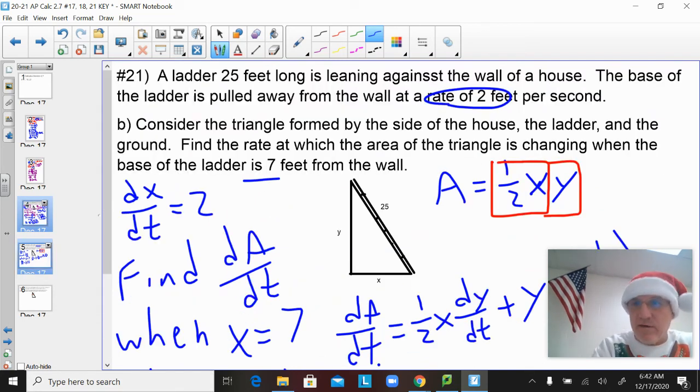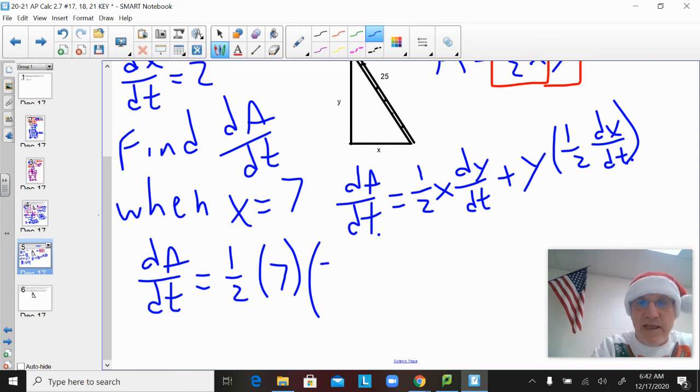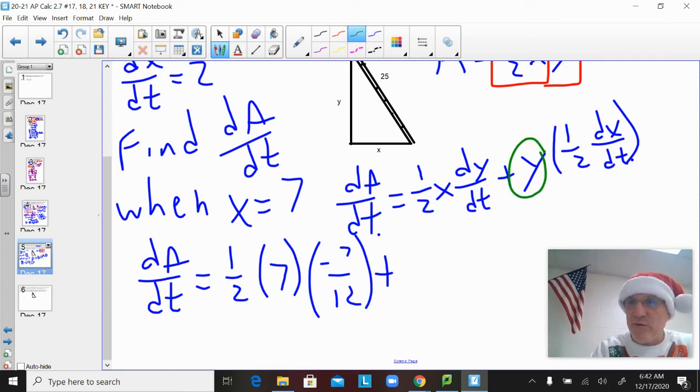Turns out we need that conclusion for this particular problem. So that's negative 7/12. And then plus, again, we need y. We did it earlier. When x was 7, y was 24. And then times 1/2, and dx dt is 2. The problem gave us that.